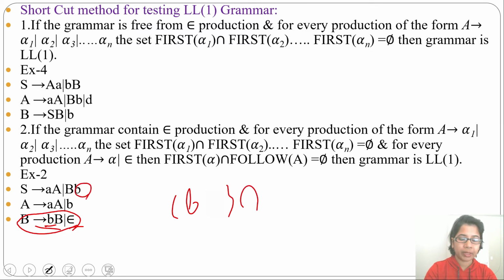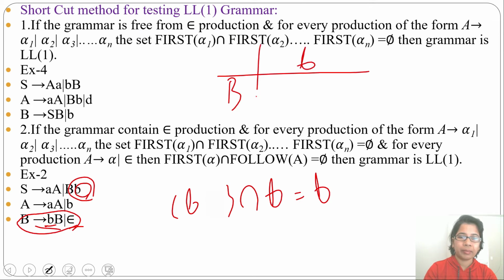Follow of B will be b. Now first is b and follow is b, meaning in B row and in b column. This B is a variable, this b is a terminal. We'll write B derives bB plus we'll write B derives epsilon. So there will be multiple entries. So this grammar is not LL1.